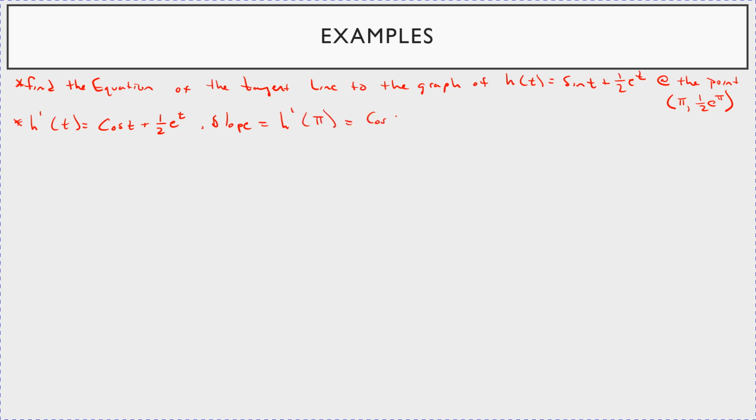So, well, that's cosine of pi plus 1/2 e to the pi. All right, well, what's cosine of pi? Cosine of pi is -1. So that's -1 plus 1/2 e to the pi, which I'm just going to write as 1/2 e to the pi minus 1. All right, so that's my slope.